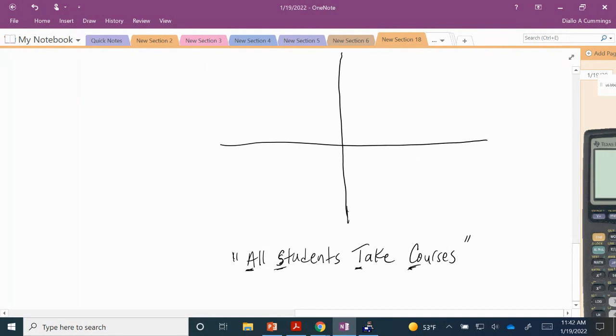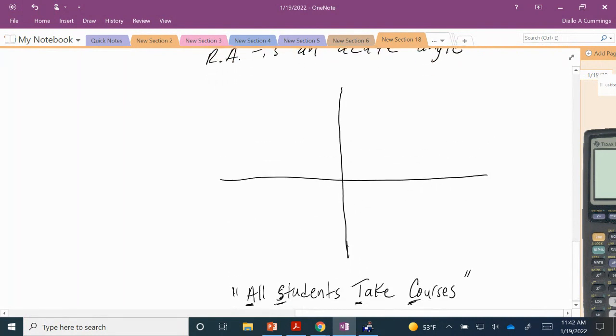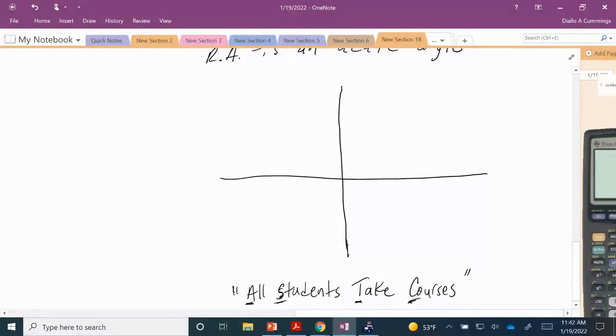All right, so what does this allude to? It alludes to the fact that the A, S, T, C mean something as far as this reference angle chart is concerned. I have 4 quadrants: quadrant 1, quadrant 2, quadrant 3, and quadrant 4.